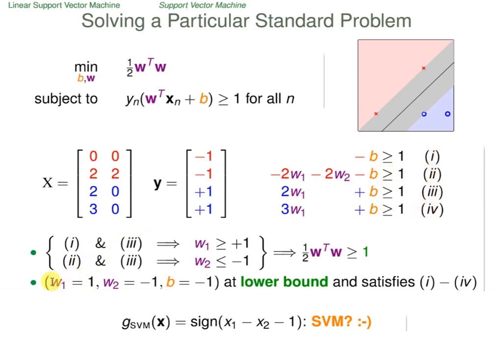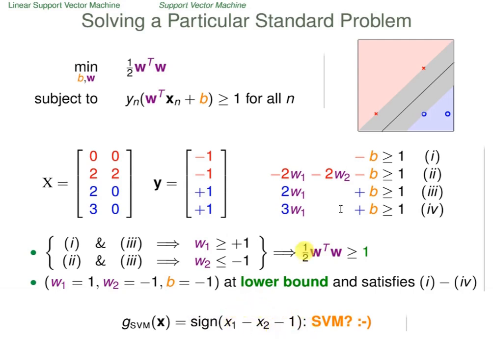By just plugging in W1 equal to 1, W2 equal to minus 1, and bias b equal to minus 1, all the conditions are satisfied. You can plug these values into these inequalities and check yourself. So the final hypothesis that you declare as SVM will be equal to the following: sign of x1 minus x2 minus 1.